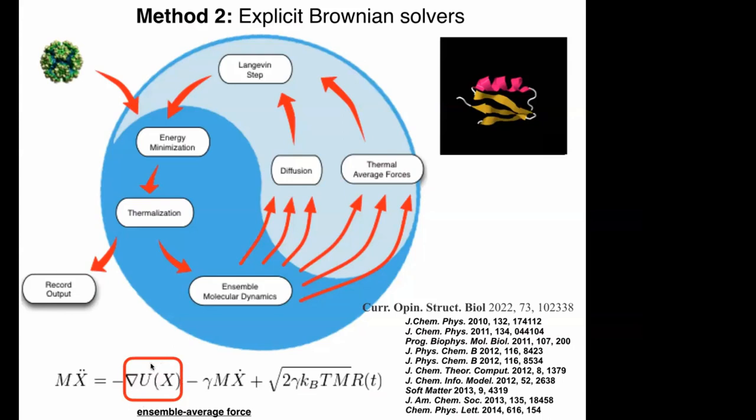Now, this U is a little bit different from the U that I showed you for the molecular dynamics, because this U is an ensemble average. It's an average surface, which is averaged over the molecular configurations of the system. So it is more like a smoother representation of the surface than what normal molecular dynamics does.